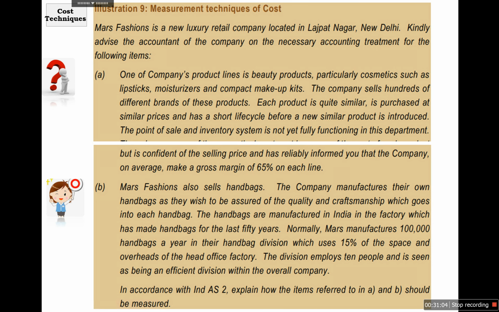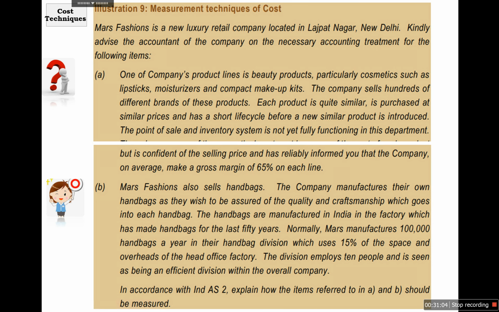Otherwise we need to use the item-by-item method. And write down of inventory is not allowed by broad classification, so all the finished goods we cannot combine. So three conditions we need to meet if we are opting for the group method. Otherwise, it has to be done item by item.